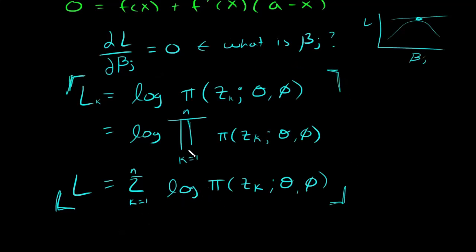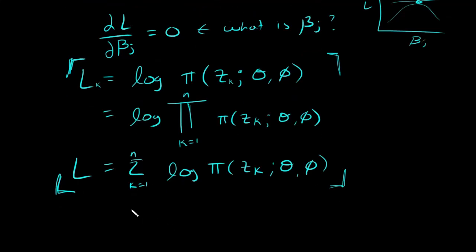Very important now because when I write L, the derivative of the likelihood, really what I'm writing is the sum of all of those individual likelihoods from k equals 1 to n. Okay, that's what I want to equal 0.